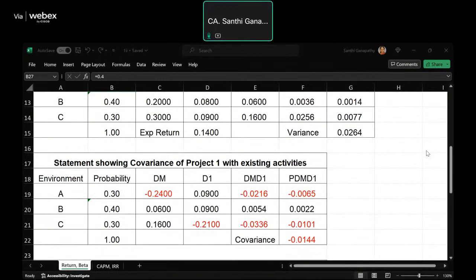Now finding covariance. We need covariance of project 1 with existing activities and covariance of project 2 with existing activities. For variance, we use only one security or market and then square the deviation. For covariance, we will take the deviation in one, the deviation in the other, multiply. Now we have to be more careful while computing covariance because of the sign. For variance, anyway, we are going to square, so the result will be positive, which is not the case for covariance.